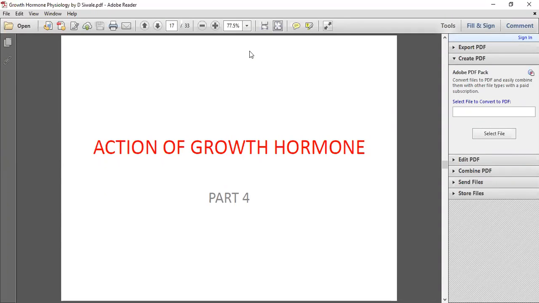Most of these peptide hormones are synthesized and stored in vesicles, waiting for a stimulation. So even this growth hormone is synthesized by the somatotropes and stored in vesicles until there's an appropriate stimulant. Any question?